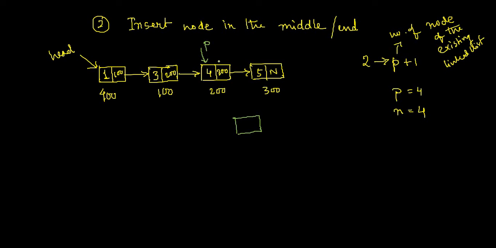You already have an idea of the traverse code. You can just do P equals P next, which we have seen in the last class. But where is P? I must initialize P by head, because P is just a variable, a pointer. So if you write P equal to head, P is initially pointing here.